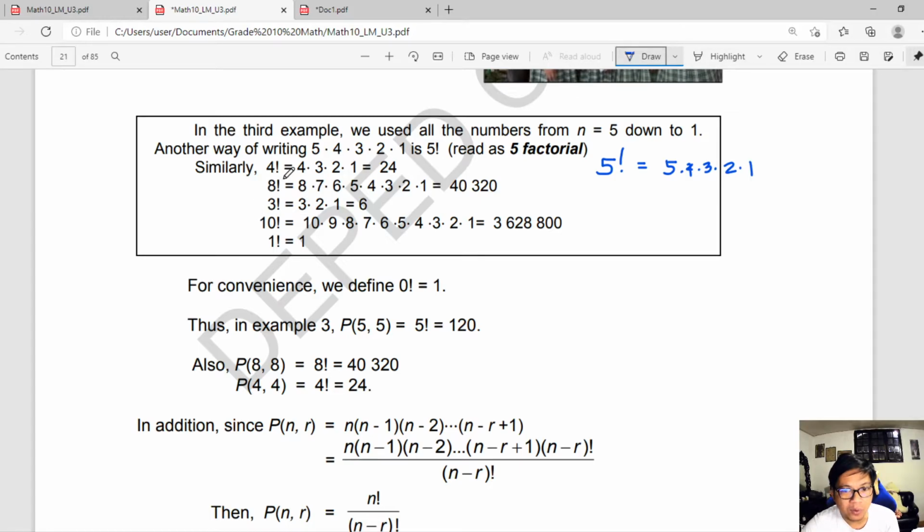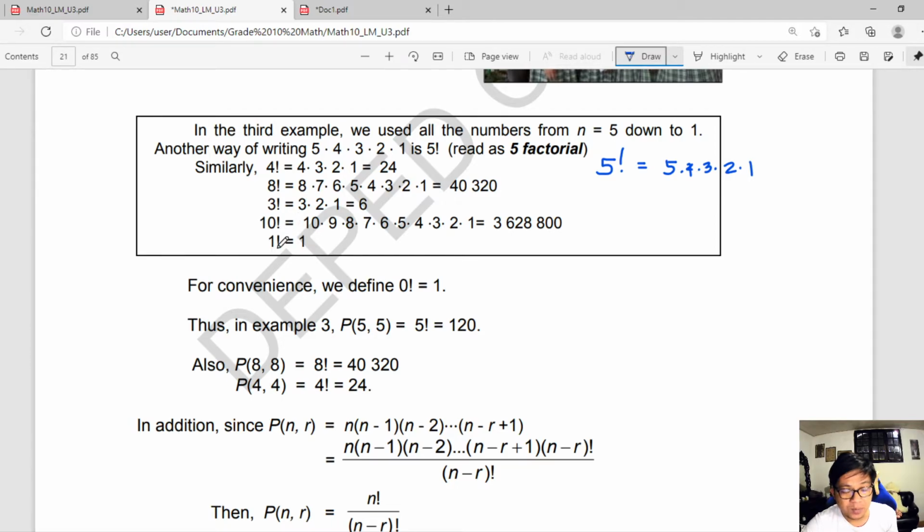Similarly, we have also 4 factorial, which is equal to 4 times 3 times 2 times 1. 8 factorial, start with 8 down to 1. 3 factorial, 3 times 2 times 1. 10 factorial, 10, 9, 8, 7, 6, 5, 4, 3, 2, 1. And 1 factorial is 1 because 1 is the last digit here, last number. So 1 lang siya.